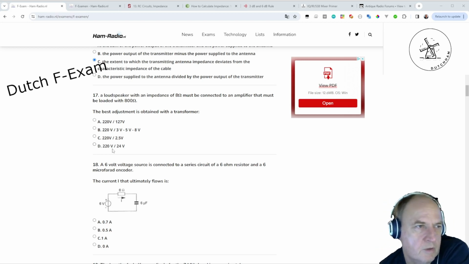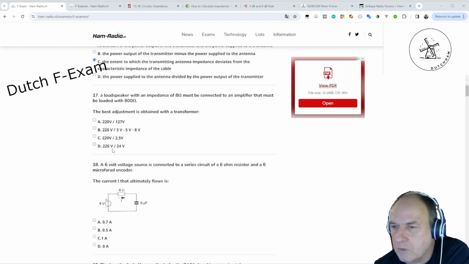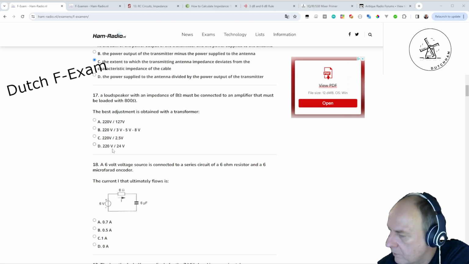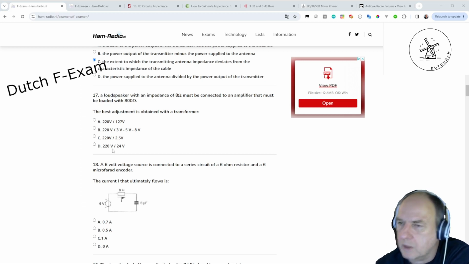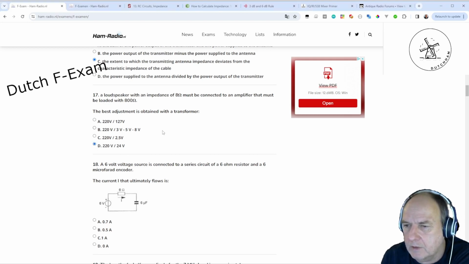It's 9.16, but I guess the best match we'll get is answer D, because it's a ratio of 1 to 10, and then that squared will give us a factor 100. So 8 ohm to 100 will be 800. So I go for answer D.